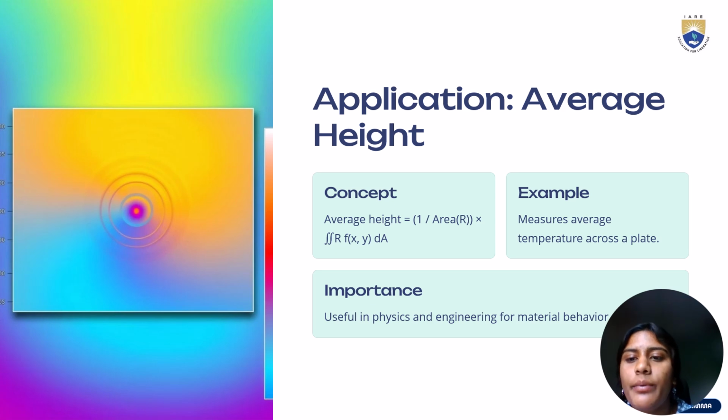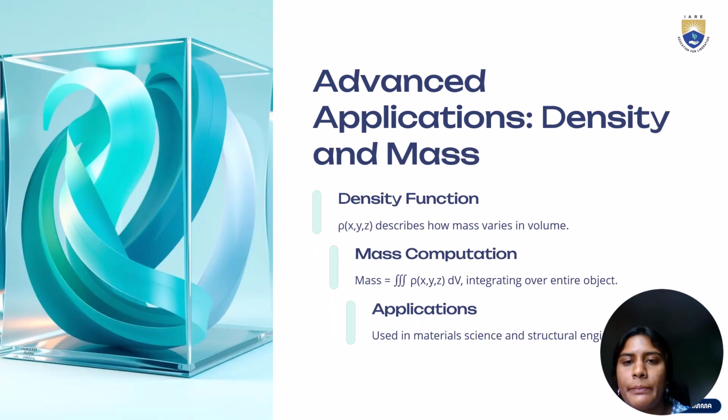Now we're going to learn about an advanced application, density and mass. Moving to a more advanced application, we have the density function, mass computation, and its applications. Suppose we know the density function that tells us how mass is distributed.